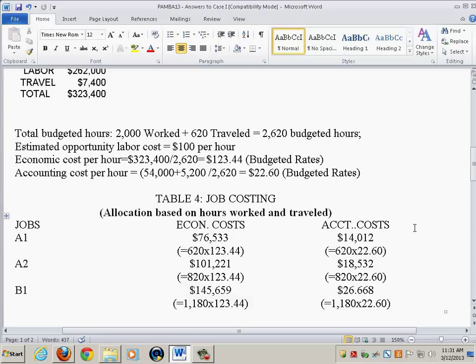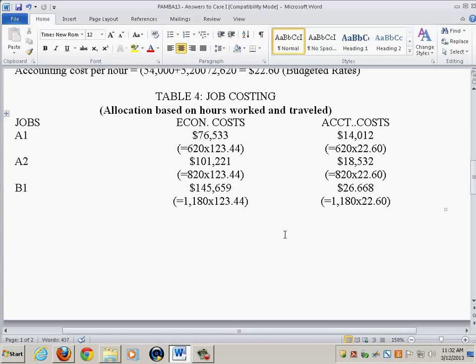Professor, in our answers, we just added up all the costs that we think are direct or indirect, and then calculated all the opportunity costs according to the hours allocated to each job.